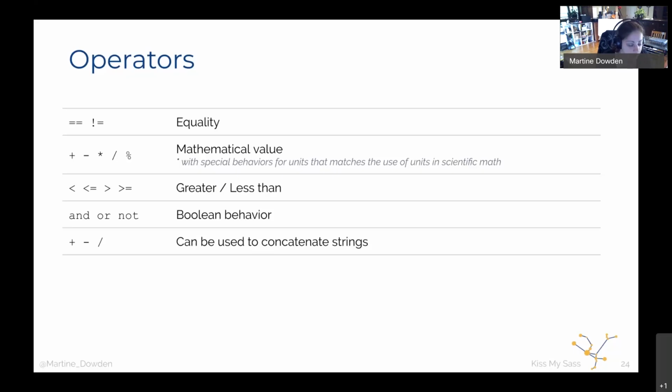Conditions are, again, very similar to other languages, except if you're used to JavaScript. A lot of you, I'm guessing, do write a decent amount of JavaScript. And so we don't have triple equals in Sass. We just have double equals. The mathematical values are going to be very similar to other languages.